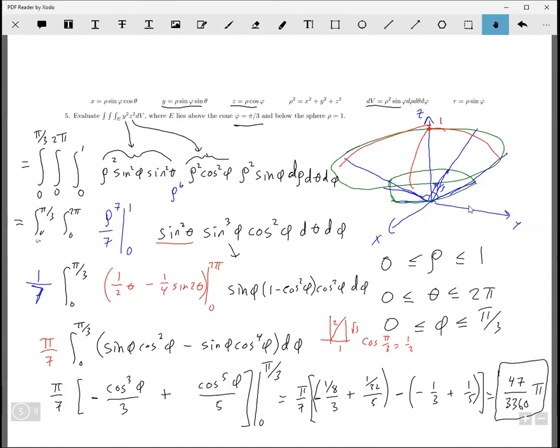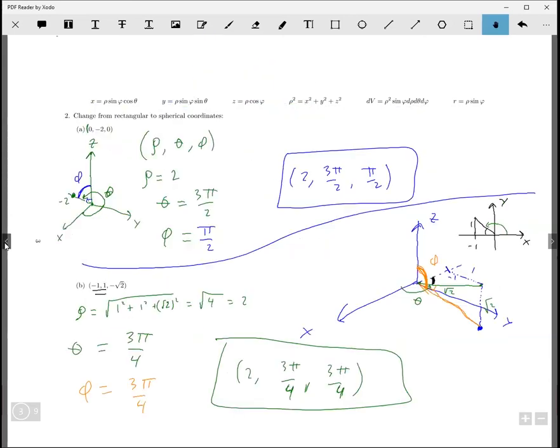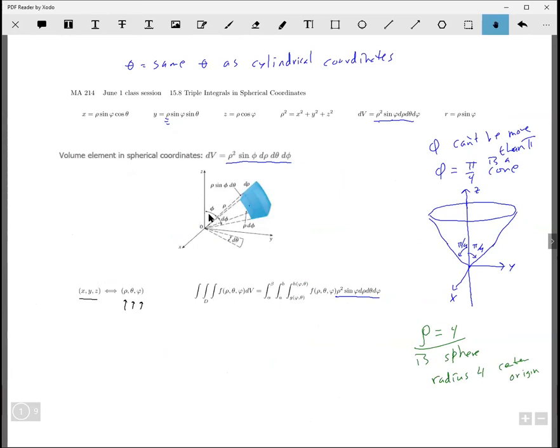Yes, one question. Rho, what does it represent again? Rho is the radius. What does phi represent? I get the radius, but that one just doesn't make sense to me. It's kind of hard. It is this angle here with the positive z-axis.